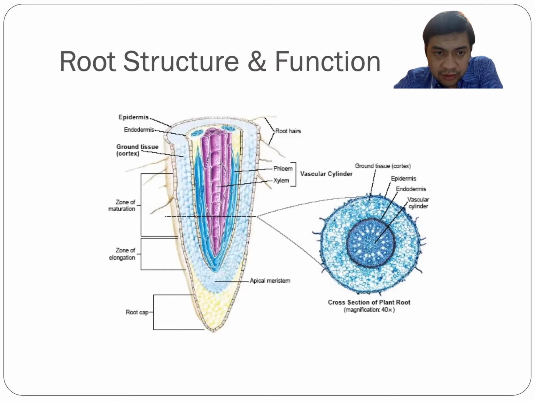You can see the epidermis, and then the ground tissue for the cortex, and then there is a zone of maturation, and then the zone of elongation, and the lowest part of the root is the root cap.